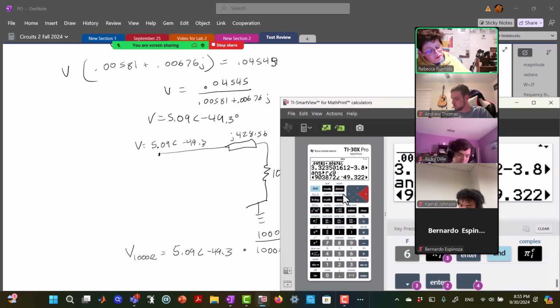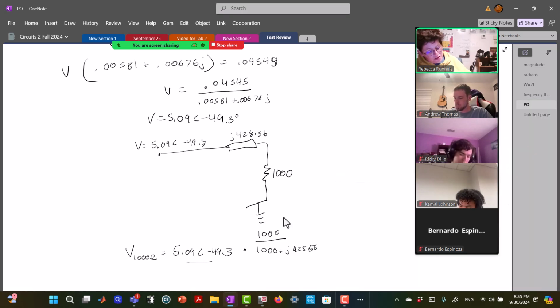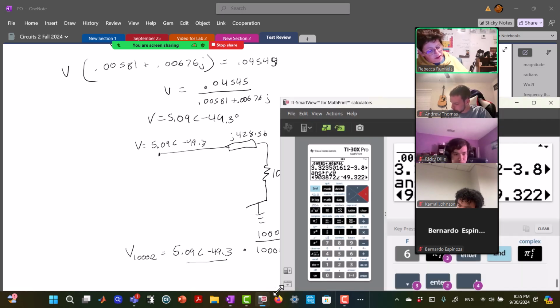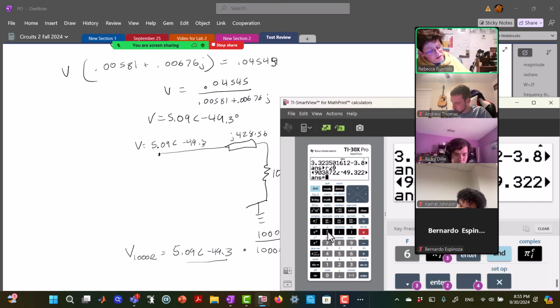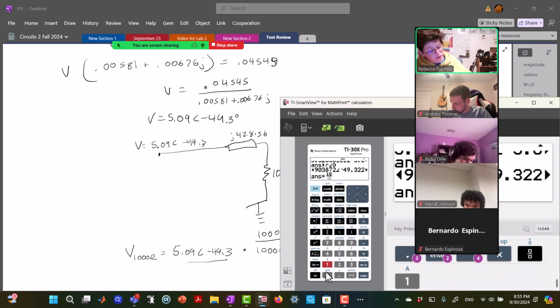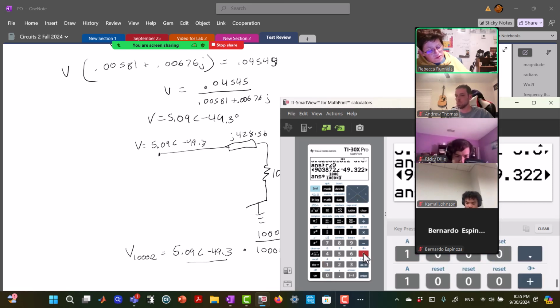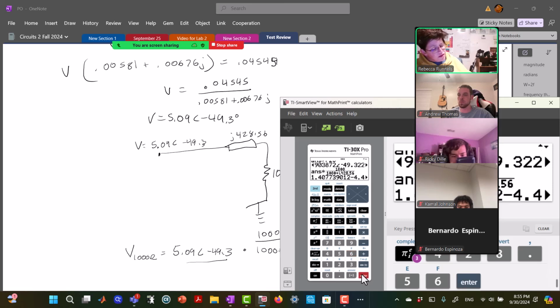So I have the angle right, I have this number right there already in my calculator, so I can just take that times the fraction 1000 over 1000 plus J 428.56. Enter. I'll change that to polar.